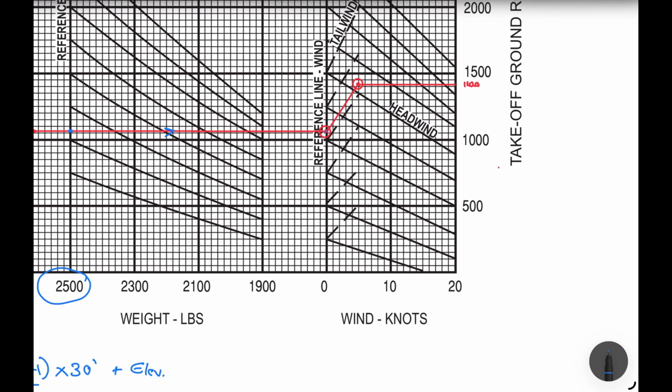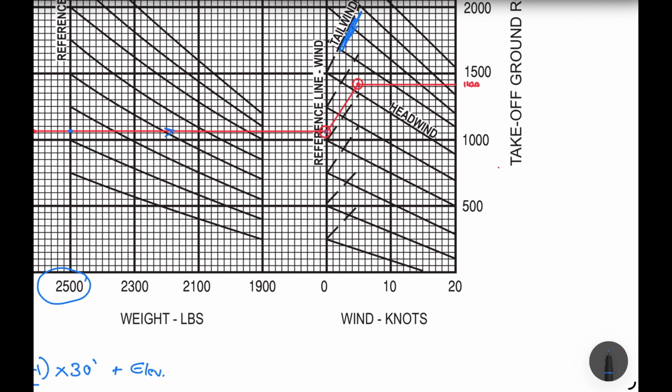Now the next thing we need to do is correct for the tailwind. We'll follow the tailwind reference lines, which are going up towards the right, which makes sense since a tailwind would increase the takeoff ground roll that we require. We follow the reference line until we get to a 5-knot tailwind figure.